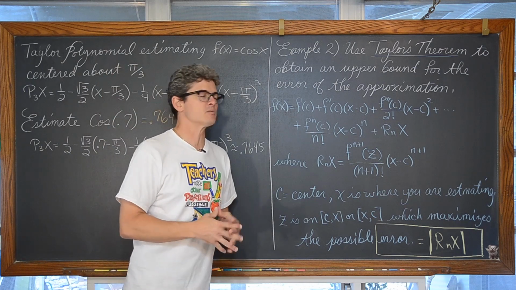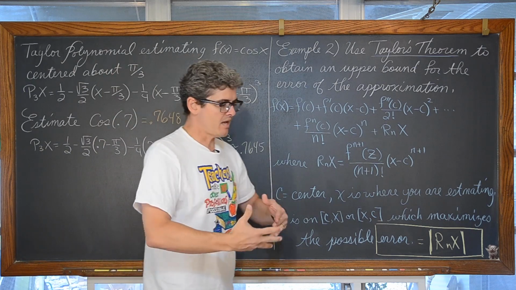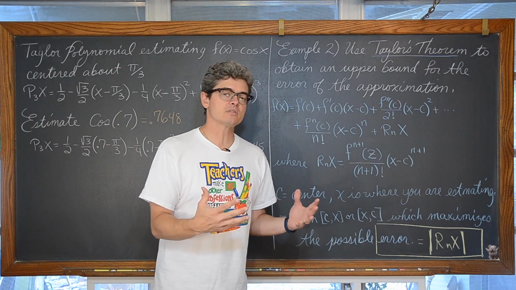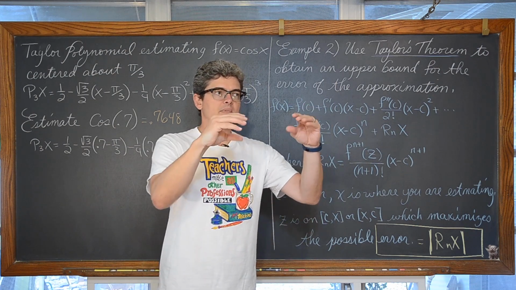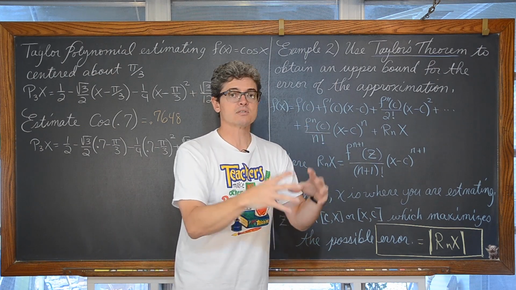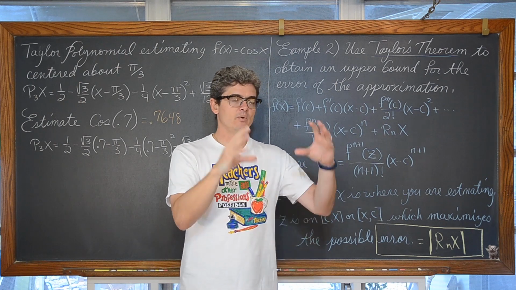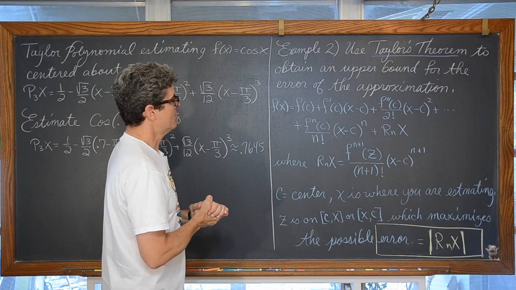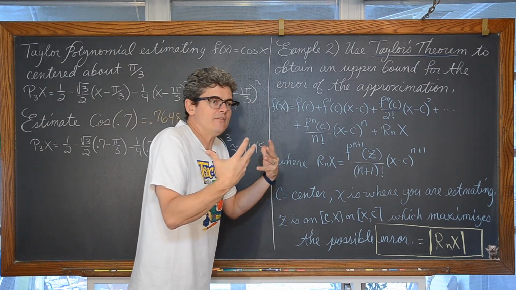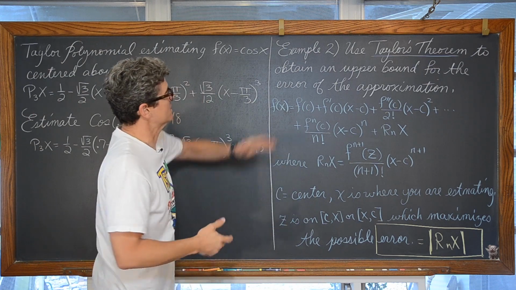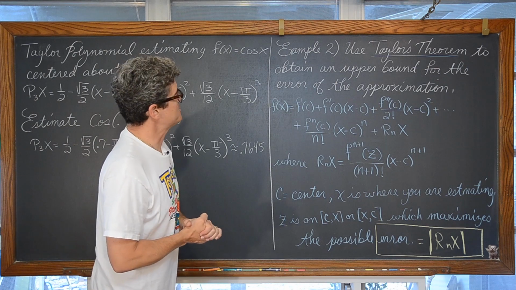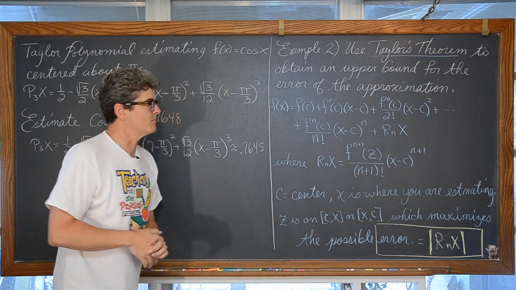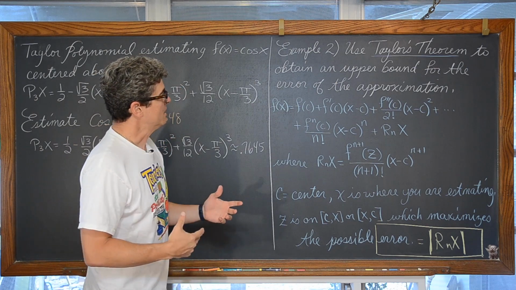What's the maximum possible error? So we can say, hey, look, if we do this estimation, we can be within this or even less in terms of error, or be within this or even with more accuracy with our approximation. Use Taylor's theorem to obtain an upper bound for the error of the approximation.